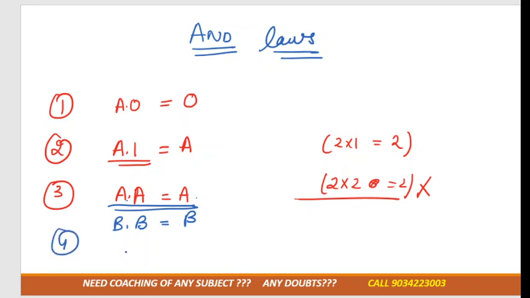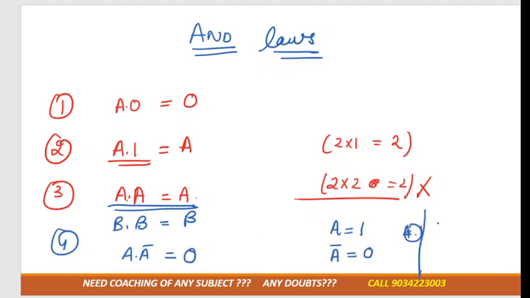So the fourth law, that is A dot A bar. Can you tell me what it should be equal to? Just imagine that if A is equal to 1, then A bar would be equal to 0 only, correct? And if we multiply 1 into 0, then 1 into 0 is how much? 0, correct?